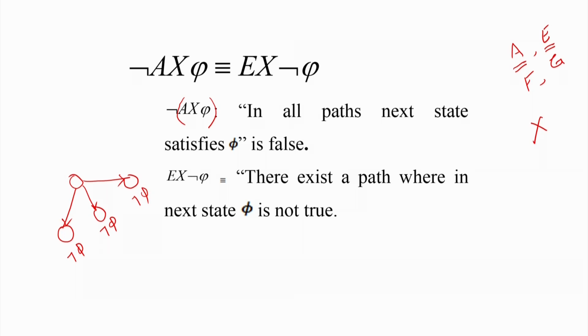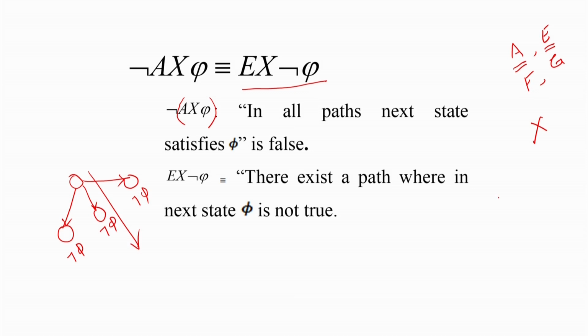That means phi is not true in any of the next states. So, we said that there exists a path in whose next state not of phi is true. If you consider any path you will find that not of phi is true, and due to this reason only A X not phi is true.